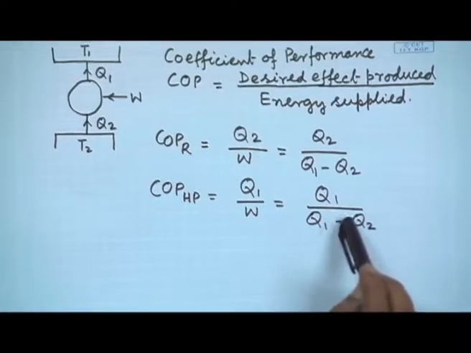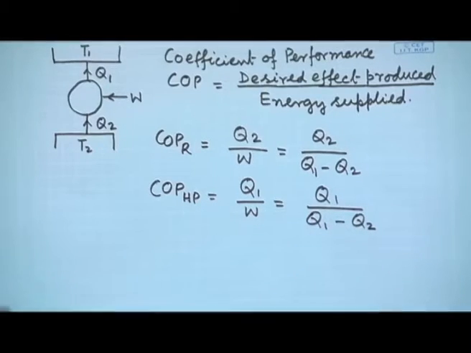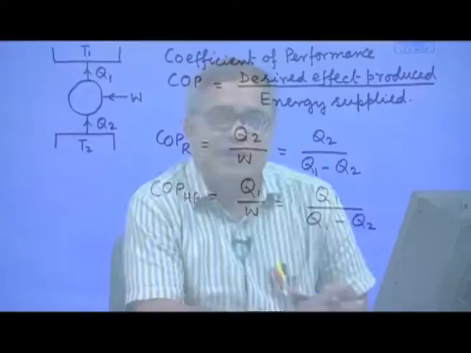So, that is why the denominator will be less than Q1 and the COP of a heat pump will be more than 1. So, hopefully we have understood the two statements of the second law of thermodynamics.